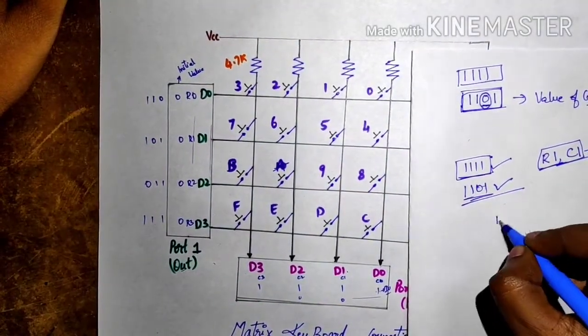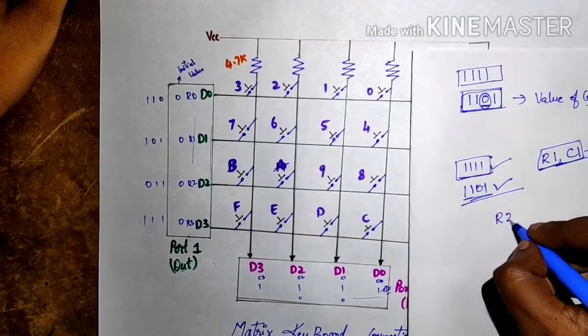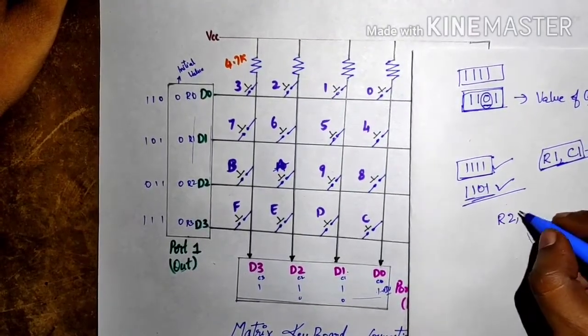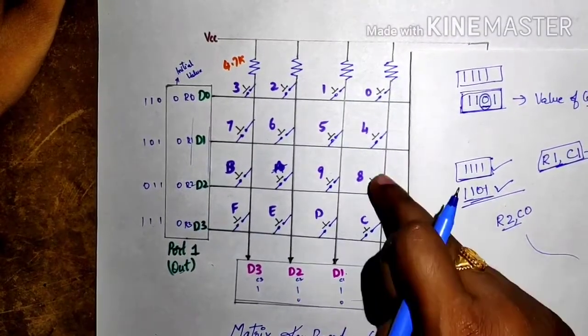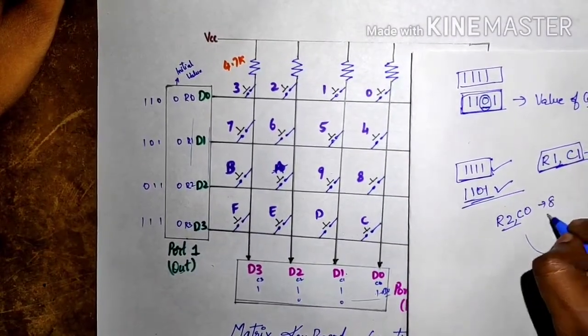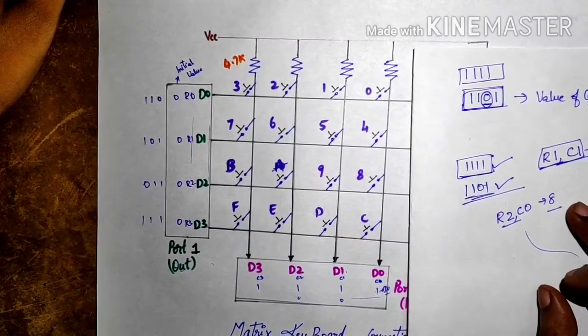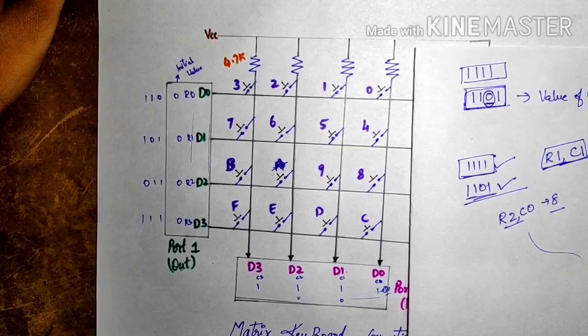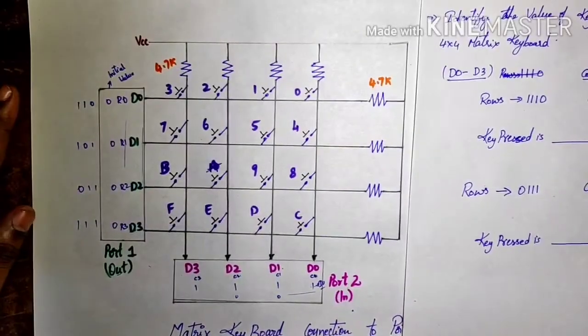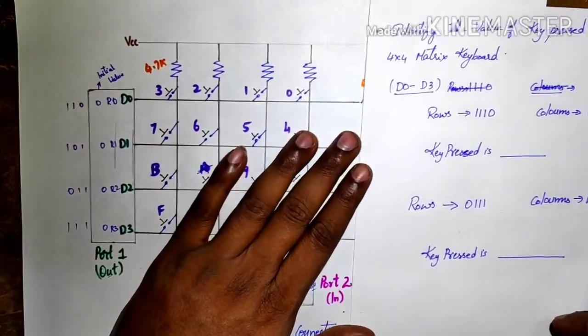So now the row value is R2 and the column value is C0, so R2 C0, 8. This particular ASCII value of 8 will be fetched and placed in our microcontroller.